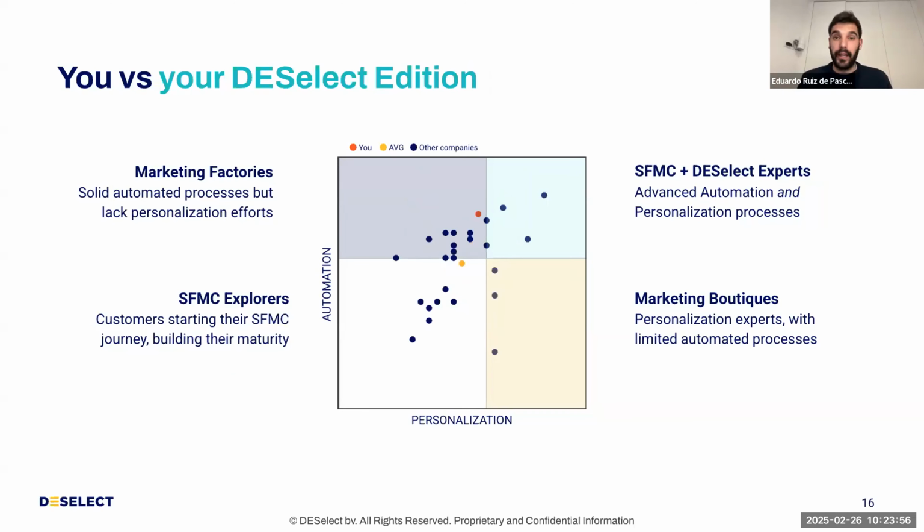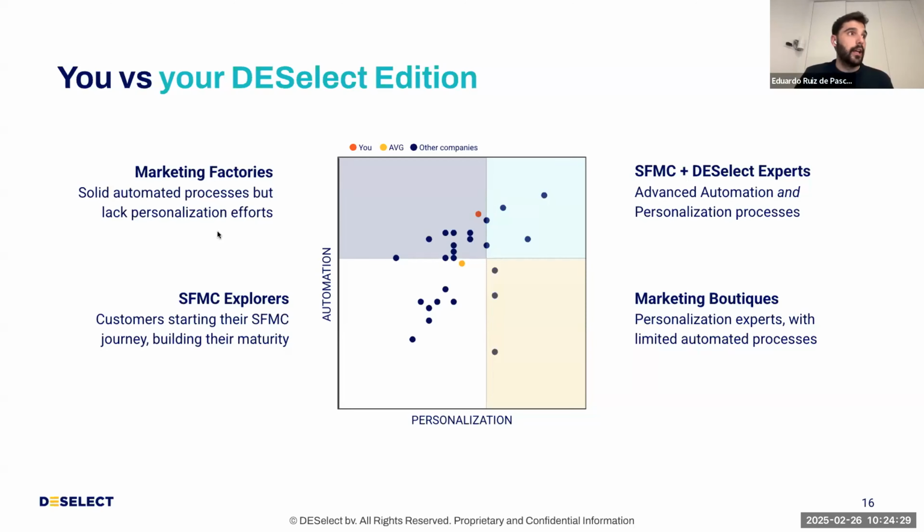And lastly, we compare you against your DESelect edition. If you're a DESelect customer, the features you have available, if you're, for example, a Plus customer versus an Advanced customer, can make a difference in the problems you're going to try to solve, right? With DESelect at least. So we do this comparison just to make sure you're compared against customers that could be in the same situation as you.